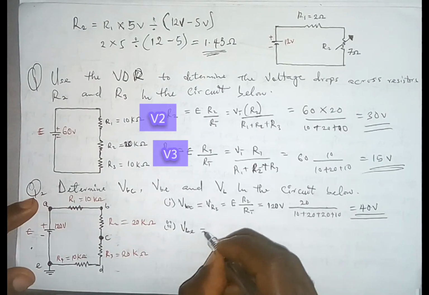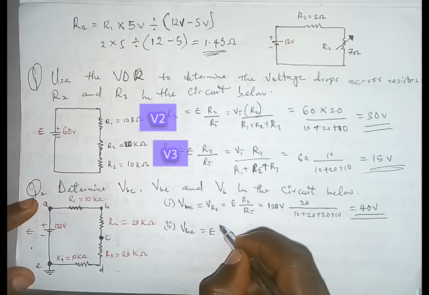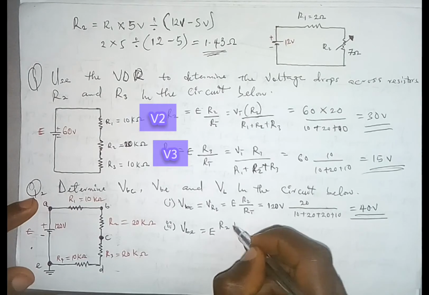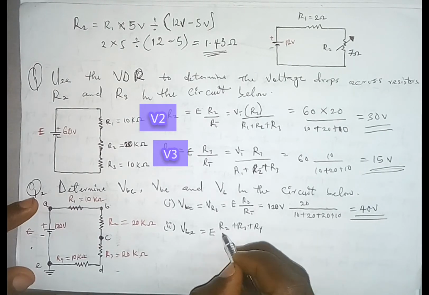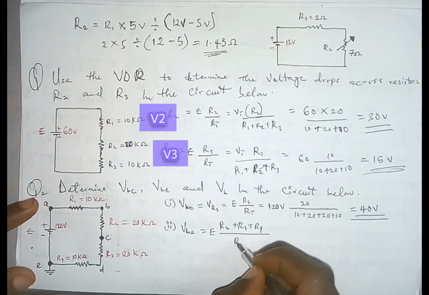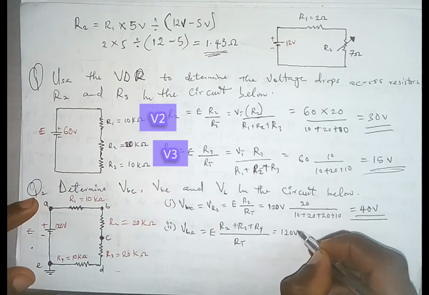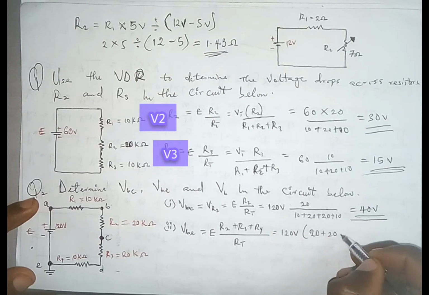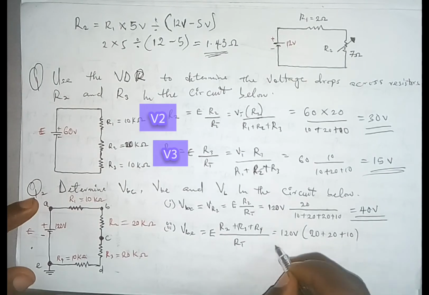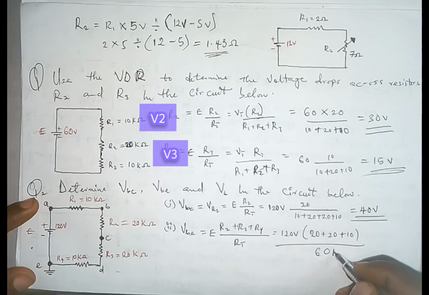So what are we going to do? We are going to have the input voltage times R2 plus R3 plus R4, everything over the total resistance. That is 120 volts multiplied by 20 plus 20 plus 10, everything over 60 kilo ohm, which is the total resistance we have here.